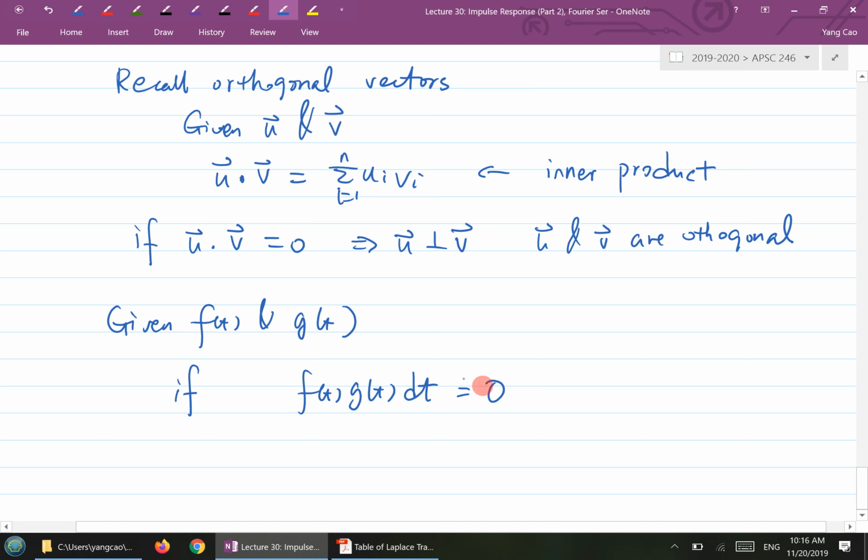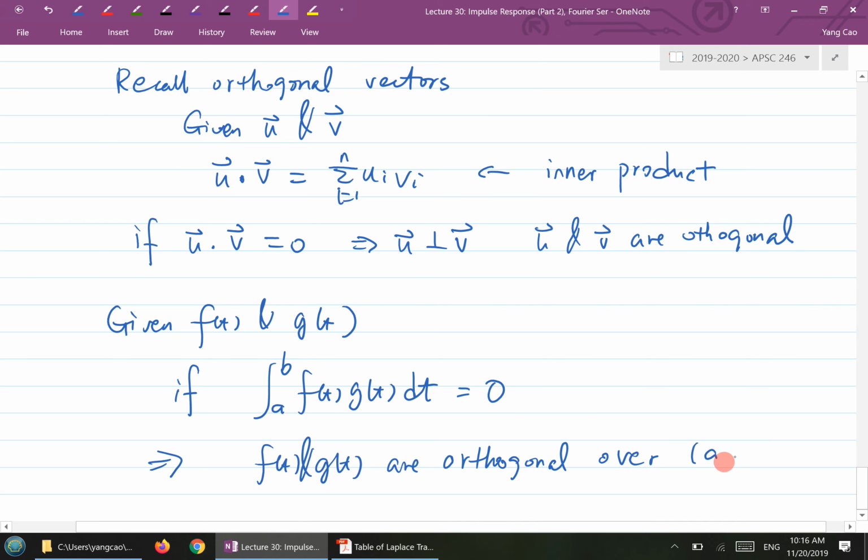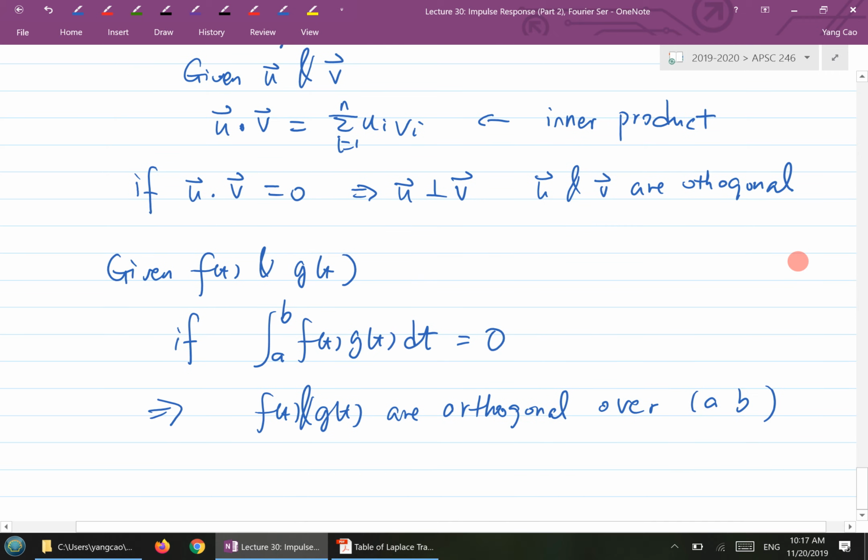If this integral is 0, then we see that f of t and g of t are orthogonal over a to b.